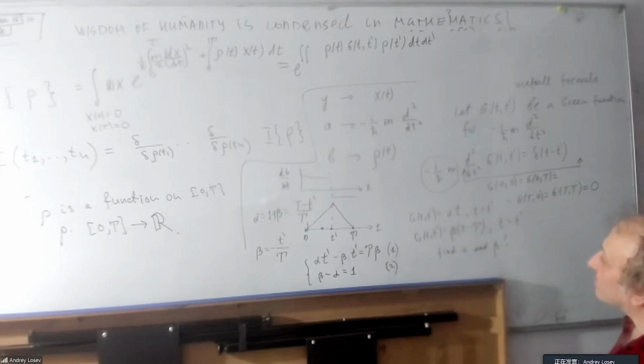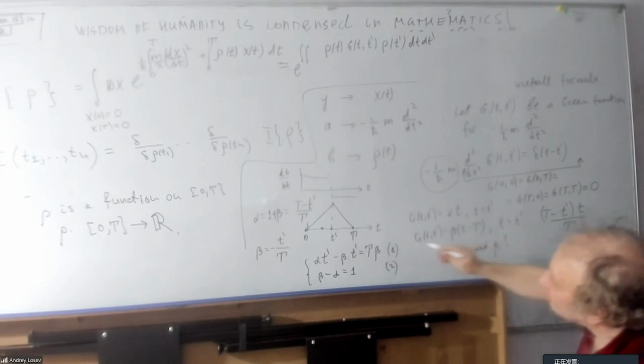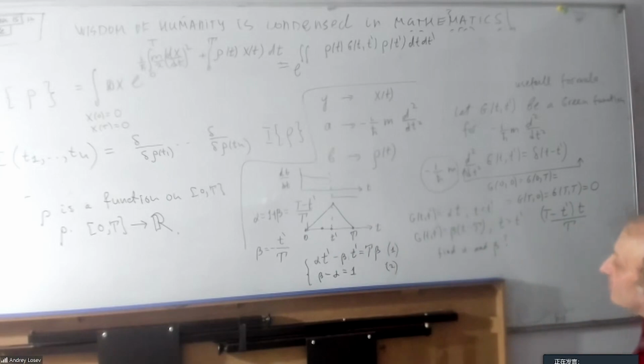So the result is T minus T prime multiplied by T over T capital for T smaller than T prime.